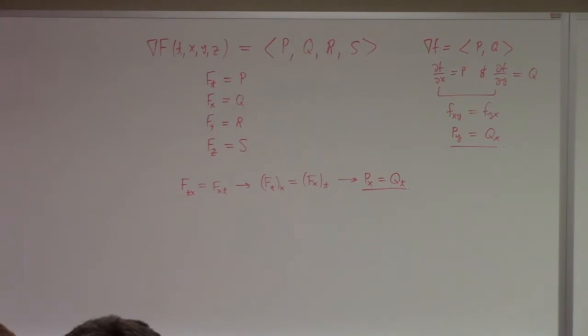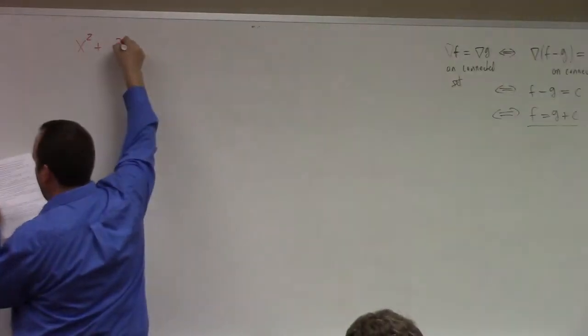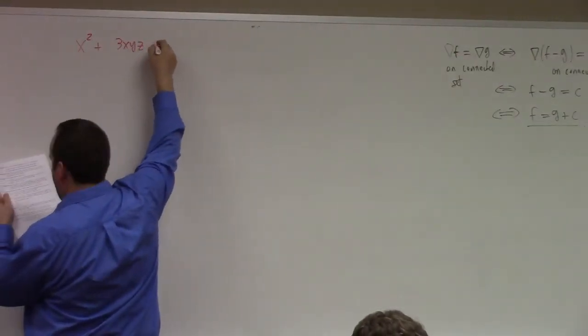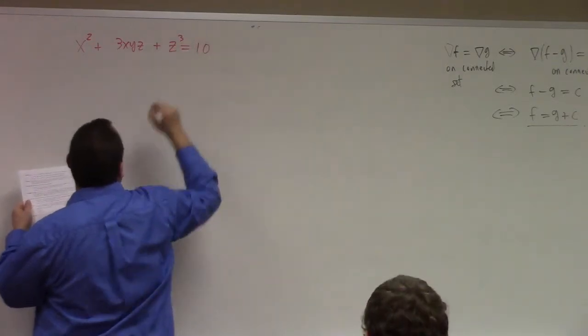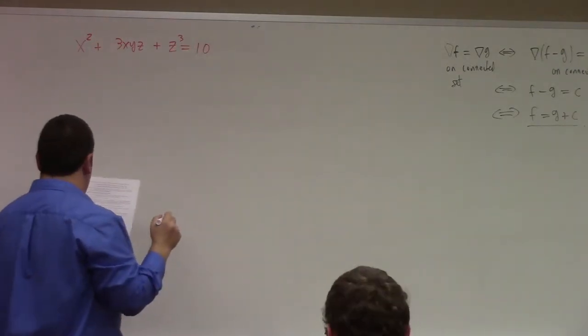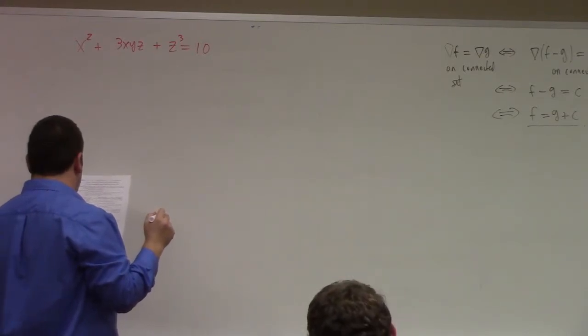You have x squared plus 3xyz plus z cubed equals 10, right? So let's see here. How would I find partial z, partial y?